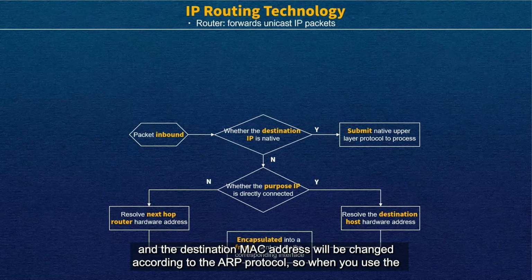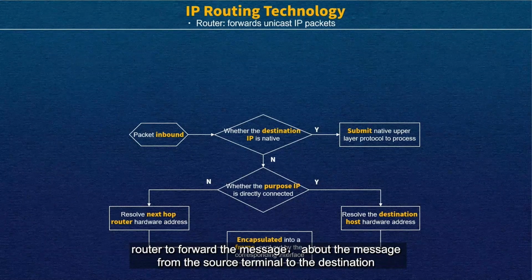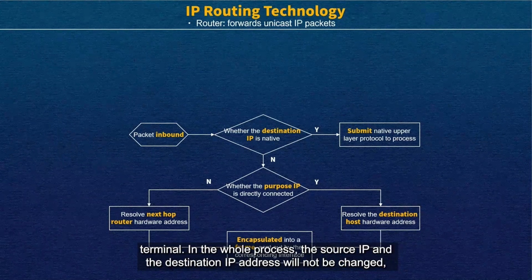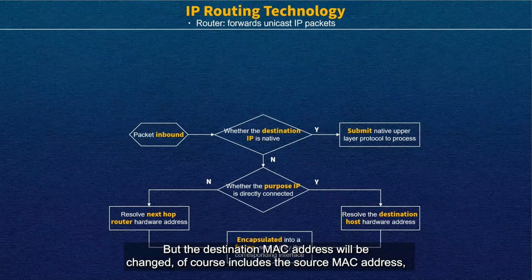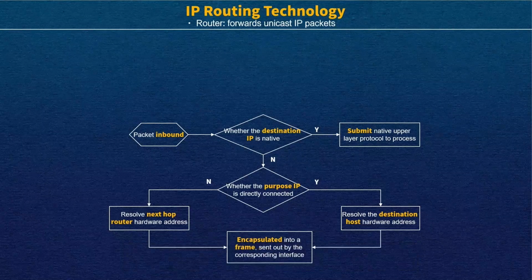So when you use the router to forward the message from the source terminal to the destination terminal, in the whole process the source IP and the destination IP address will not be changed, because these are the parameters we use to forward it hop by hop to the next hop. But the destination MAC address will be changed, and of course the source MAC address too.